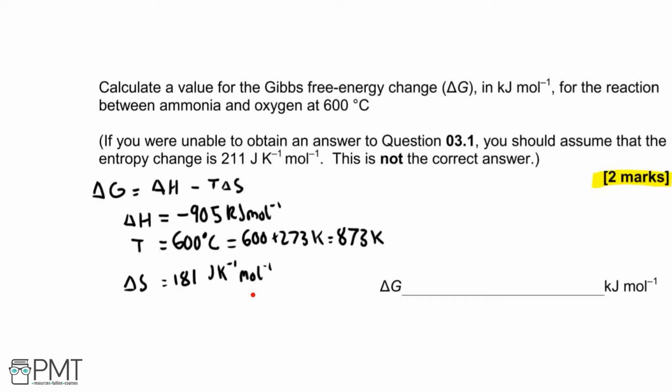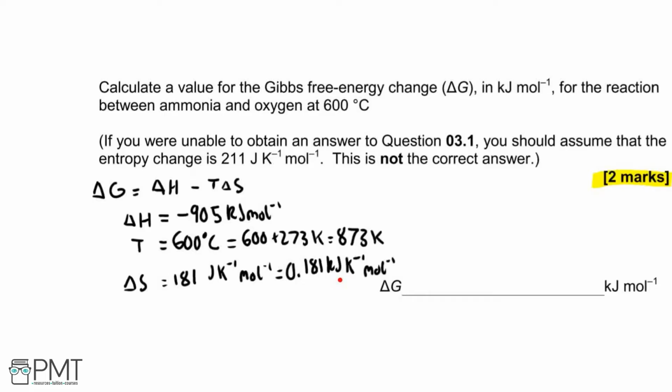The way we do this is just the same as converting between joules and kilojoules. We simply divide by 1,000. So this is going to be 0.181 kilojoules per Kelvin per mole. Now everything is in consistent units. Any temperatures are in Kelvin, any energies are in kilojoules.